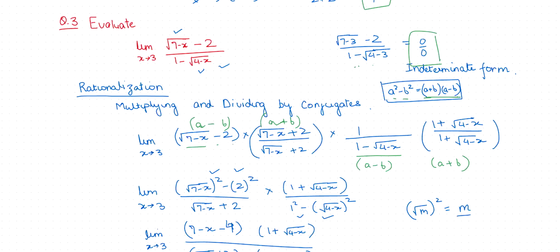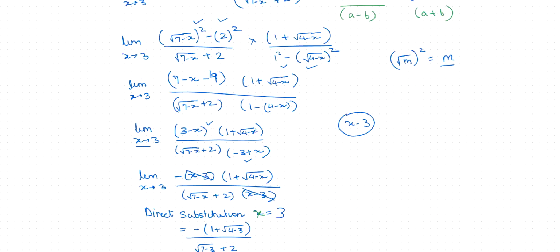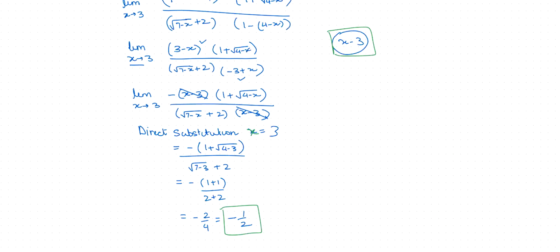Then we saw that we got x minus 3 in the numerator and denominator, and we could cancel it out. That was actually the factor making the function indeterminate. Since it is cancelled out, we directly substituted x equal to 3 and got the limit as negative half. Let's do another type of challenging problem.